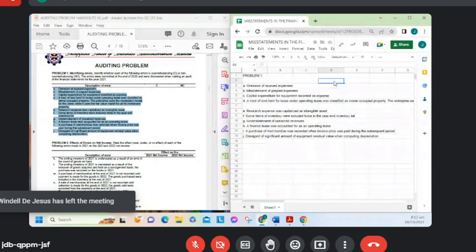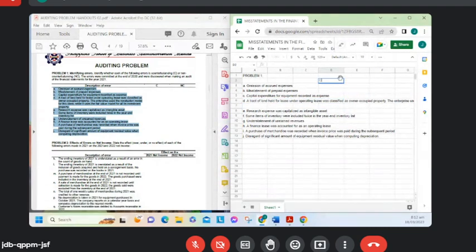Sige, dito na lang. So counterbalancing or non-counterbalancing. So this is an omission of accrued expenses.